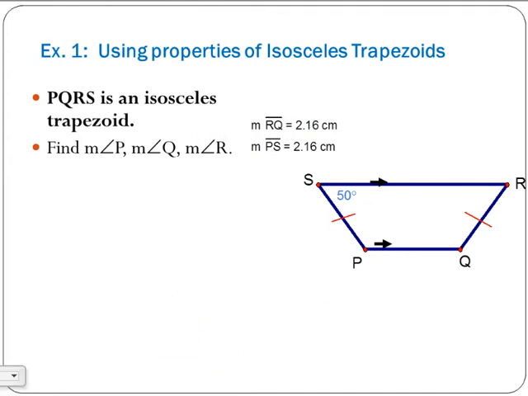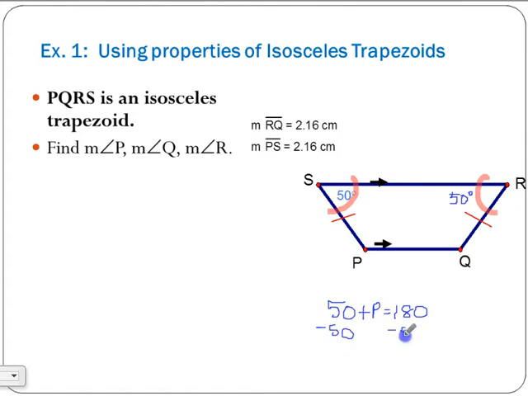Sure. Let's see if you can figure that out. Is there another angle that you can figure out the measurement for? Remember, just like isosceles triangles, the base angles are going to be the same. So angle R would also be 50 degrees. And then what else did we learn to help us find angles Q and P? We learned that the adjacent angles are supplementary. So to find angle P, if we add that to 50, it has to add up to 180 degrees.